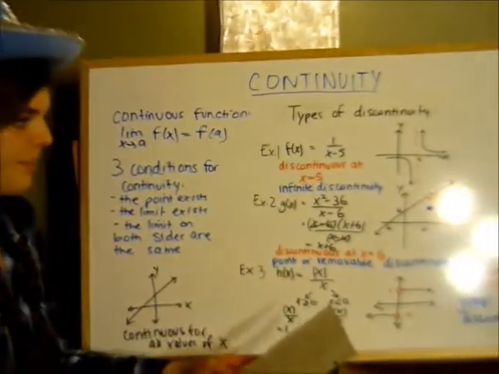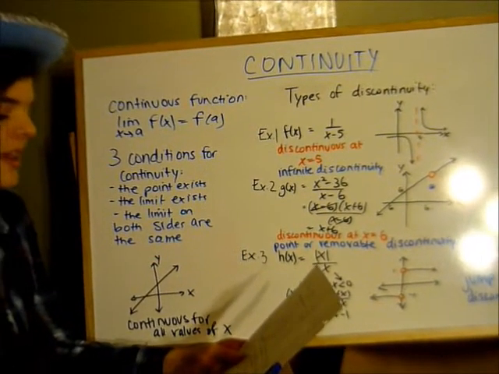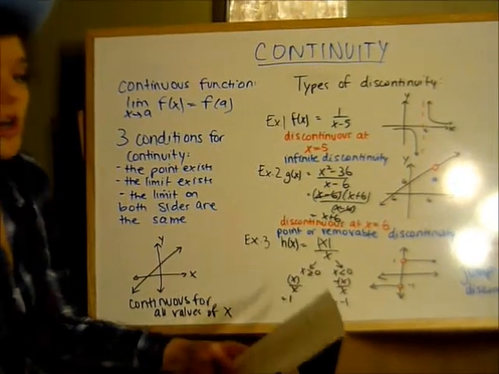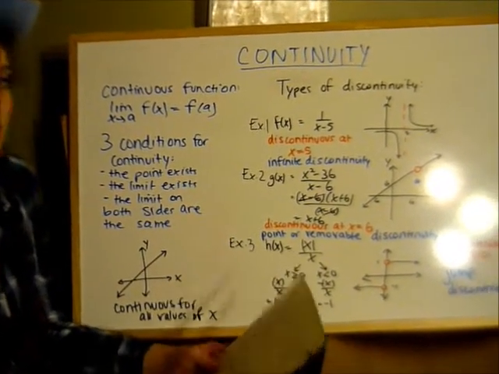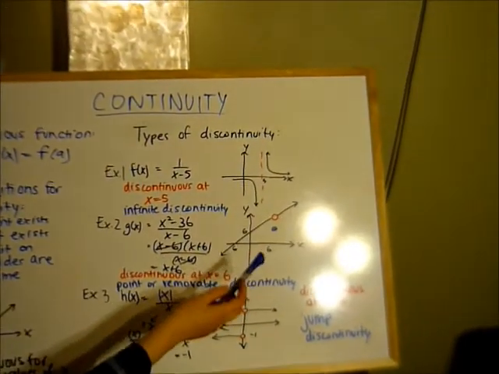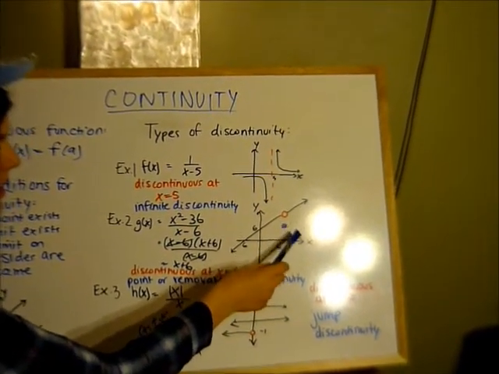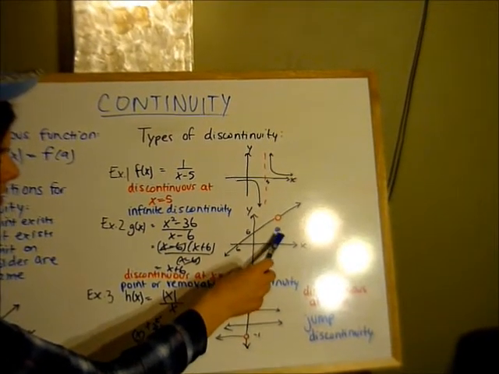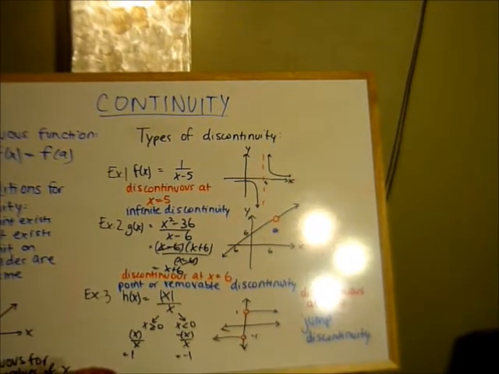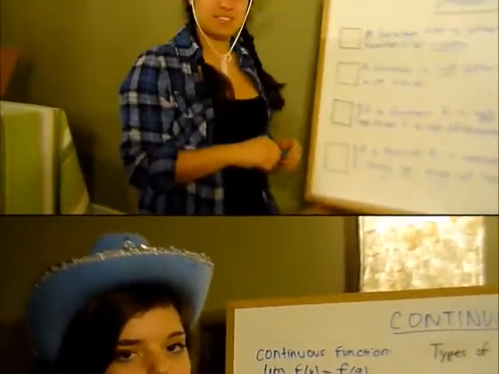A removable discontinuity is one where a limit exists but does not equal the value of the function at that point. The limit, the intended value, is 12, but the point that we filled is about 7. So the limit does not equal the point, but that's how you solve the point discontinuity.